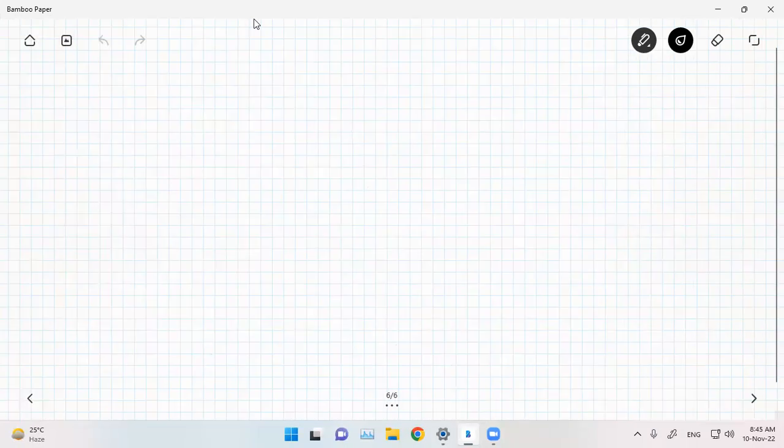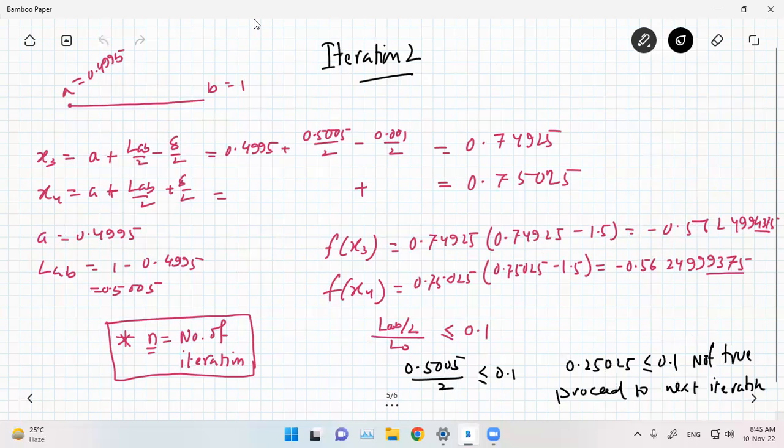Okay, so also before proceeding to the next iteration, we have to take the decision first. Now here, which one is smaller? This is smaller. So this is x3, which is 0.74925, and this is x4, slightly higher. x4 is basically 0.75025.